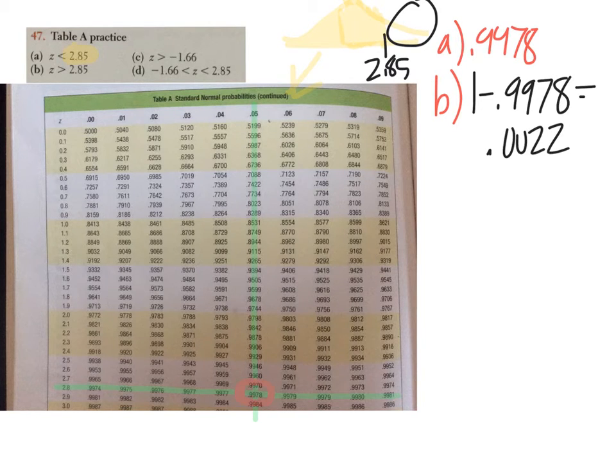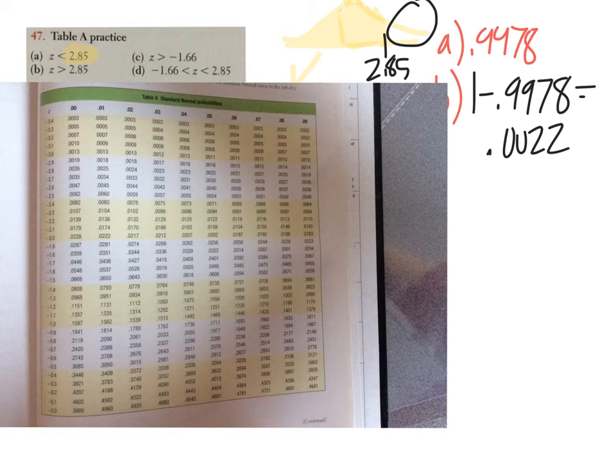Okay, to do C and D, I'm going to have to flip over to the negative side of this table on page T1. It starts off by wanting to know the area to the right of negative 1.66. So I'm going to have to first find the area to the left. I'll use the green highlighter again. So negative 1.66. I'm going to go to negative 1.6 for my row.